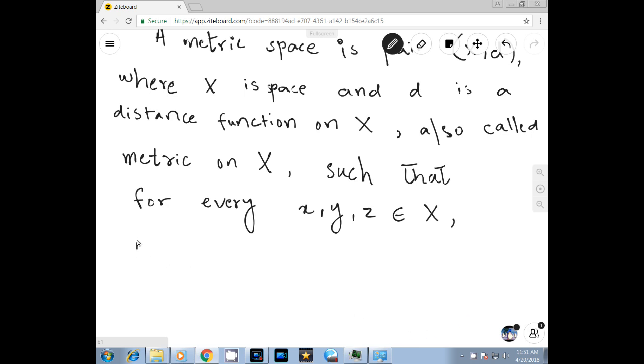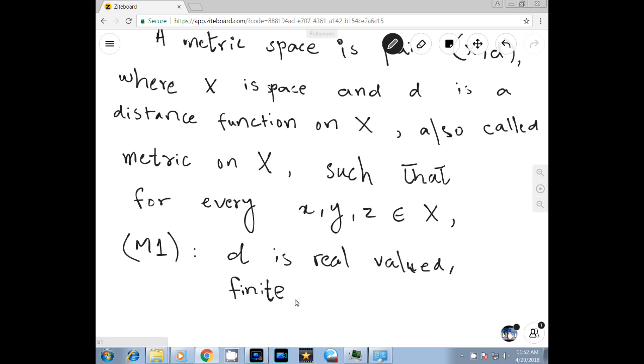Number 1 is called M1. The first axiom of a metric is that D is real valued, finite, that is, it should not be infinity, and non-negative. It should not be negative because it is satisfying the properties of distance, so the distance cannot be negative.